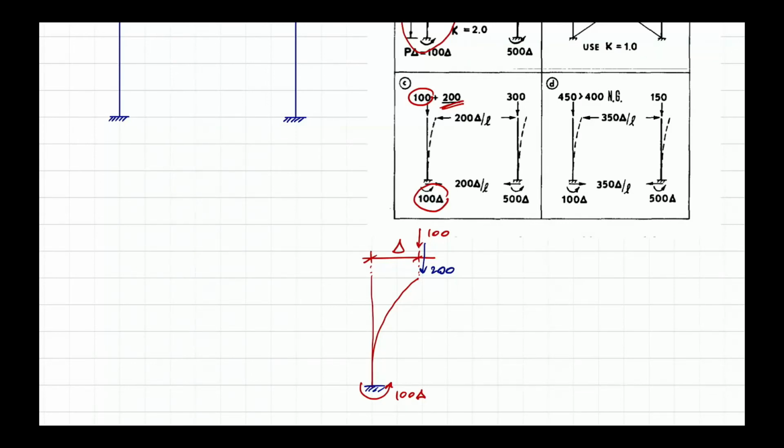So 200 is multiplied by the delta. And if you assume that this part turns out to be the hinge, because you already overstrain this by the 100 part, the 200 part will not be resisted by this point here. You have the driving moment, which is 200 multiplied by the delta.